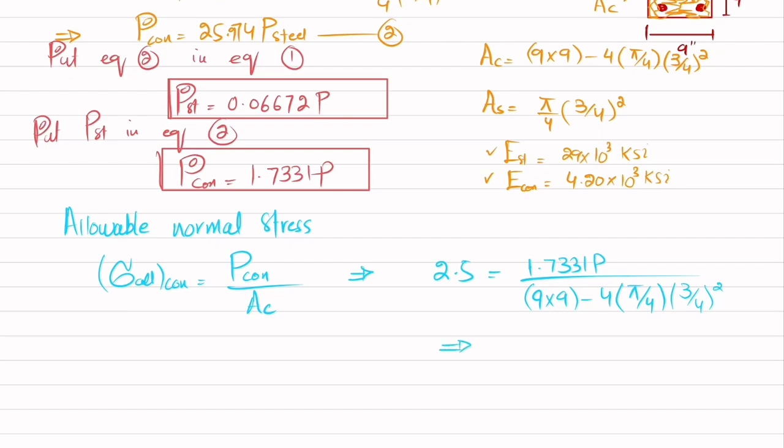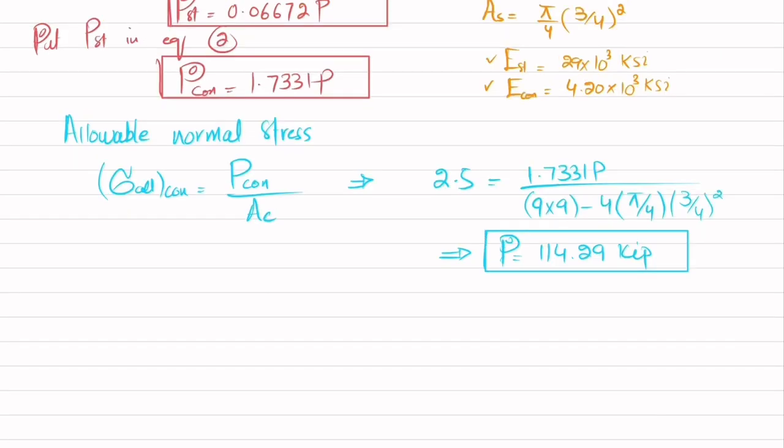When you solve this, you will get P equal to 114.29 kips. Clear? So this is the load that is calculated based on allowable normal stress for concrete.